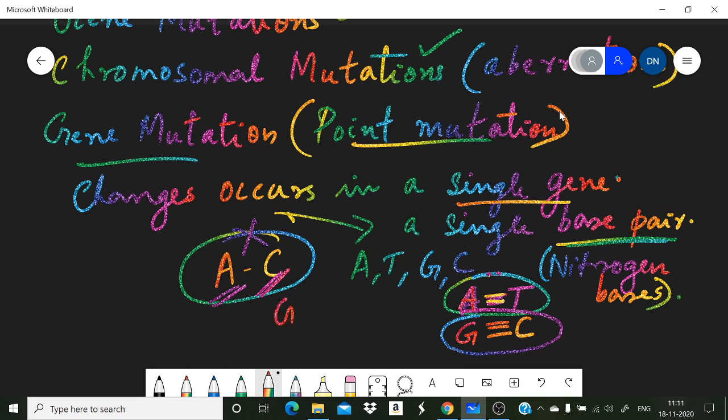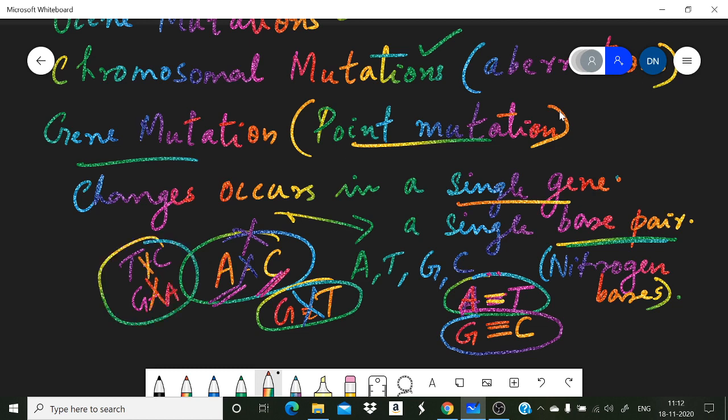Guanine can never combine with thymine, thymine can never combine with cytosine, and guanine can never combine with adenine. All these are impossible combinations. Only adenine can combine with thymine and guanine with cytosine.